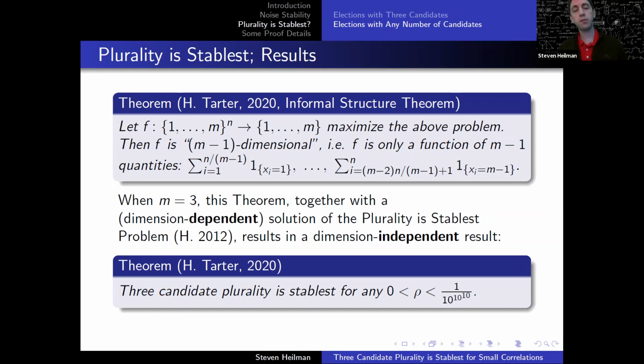But this new structure theorem says, well, if you have a dimension dependent result, it becomes dimension independent. So basically old result plus new result equals the 3 candidate plurality is stablest for small correlations. Once again, skipping over some details here, but this is just the kind of idea.